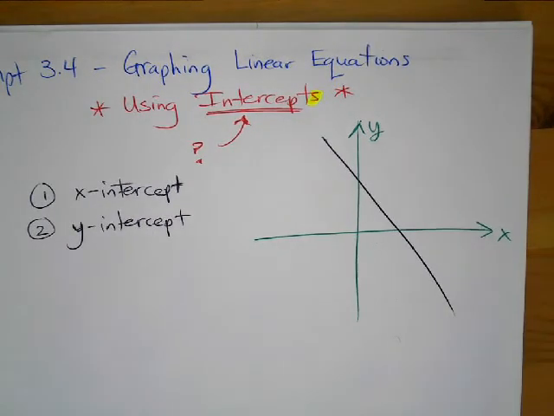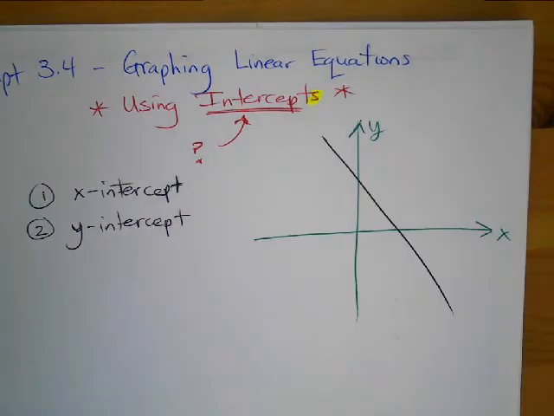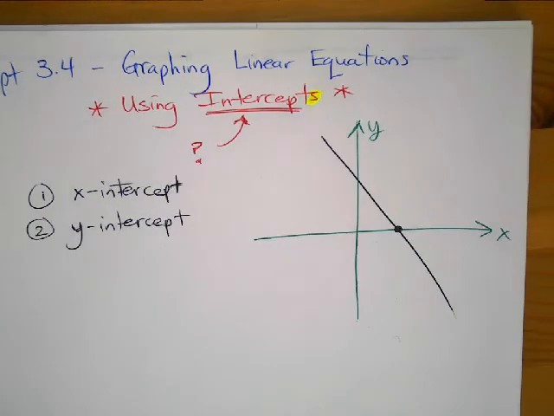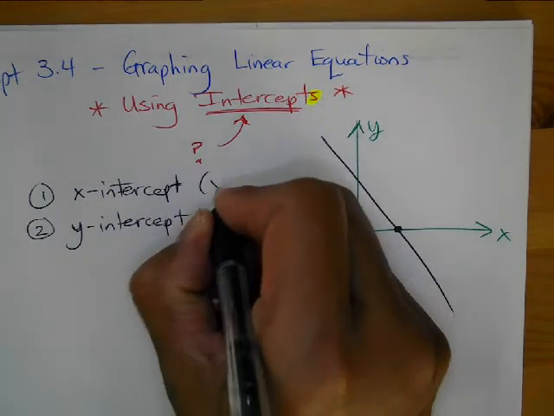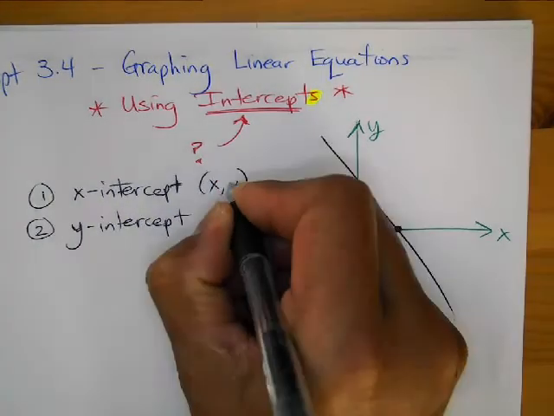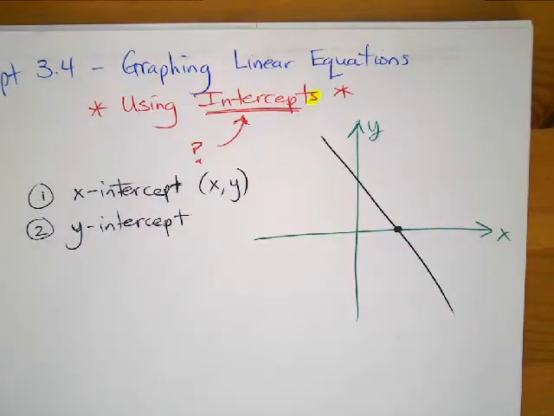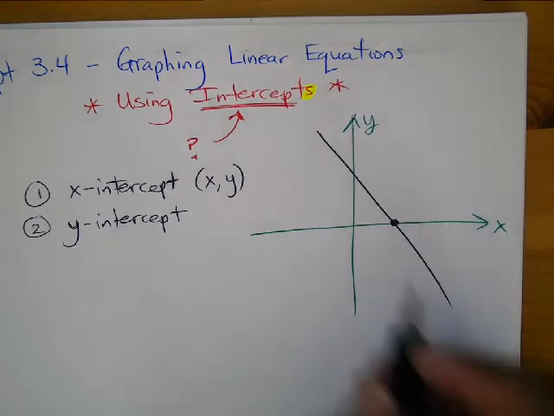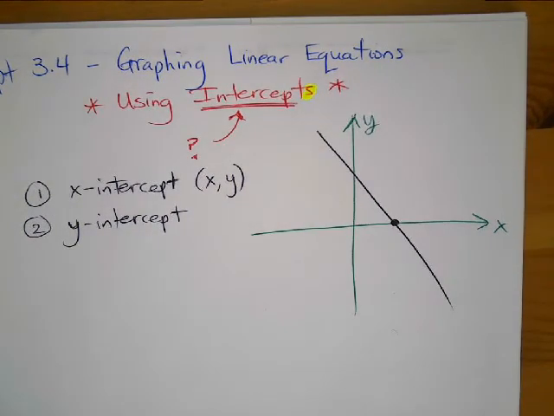Well, this line crosses the x-axis at a certain value, at a certain coordinate. An x-intercept is going to be a coordinate, a point. That's your x-intercept, where the line hits the x-axis.